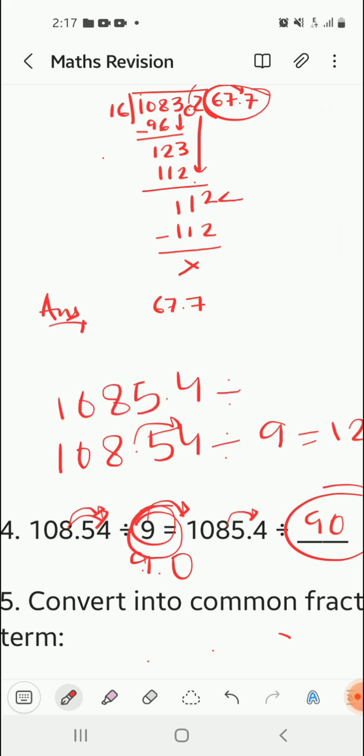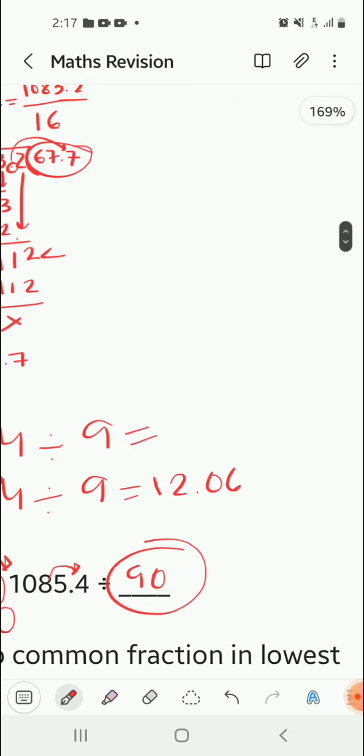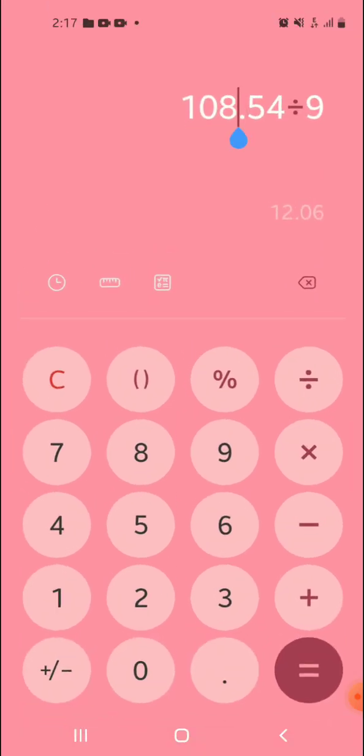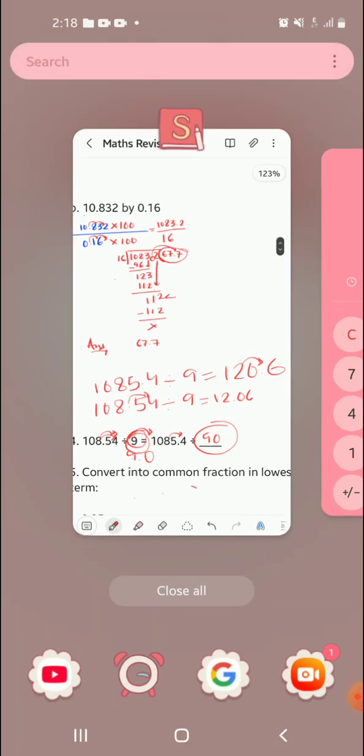If you do the same thing and divide it by 9 only, my answer will also shift to the right. The decimal point also shifts from 12.06, and it becomes 120.6. So that is why we have to add a 0 here in order to make it the same.